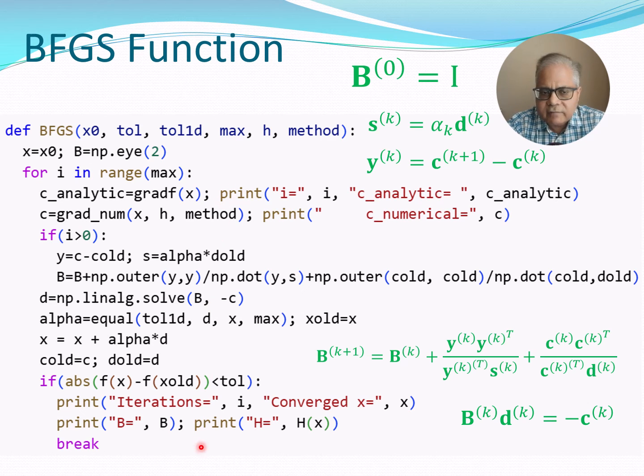So this is the BFGS function, which I have slightly modified from some of the functions you have seen in the past. Here, of course, I have to start with B0 as I, which is done here.